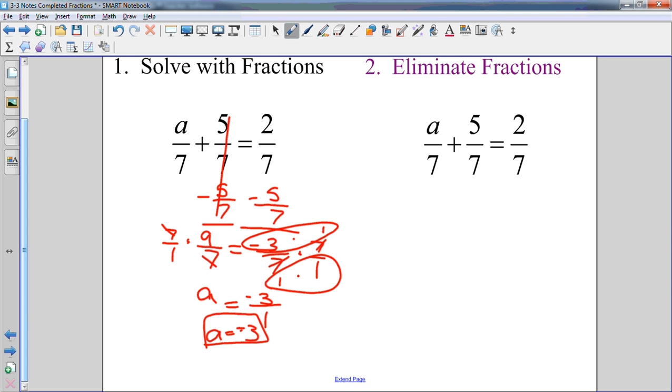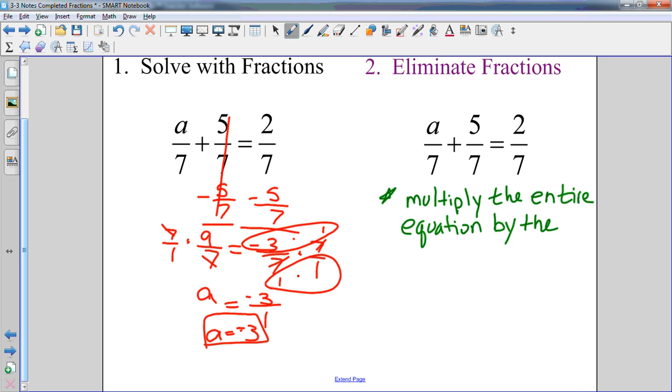Step 2 is eliminating the fractions. How do you eliminate fractions? Well, I'll tell you right now. This is how you eliminate fractions. You multiply the entire equation by the least common denominator.